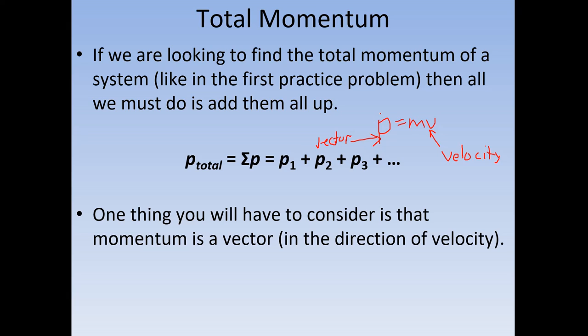This is seen on the AP reference table by the fact that there's a little arrow over the P and the v to note that both of those are vectors and they're going to be pointed in the same direction. So whatever direction the velocity is, that's going to be the direction of the momentum, very similar to how the direction of force and the direction of acceleration are always in the same direction.